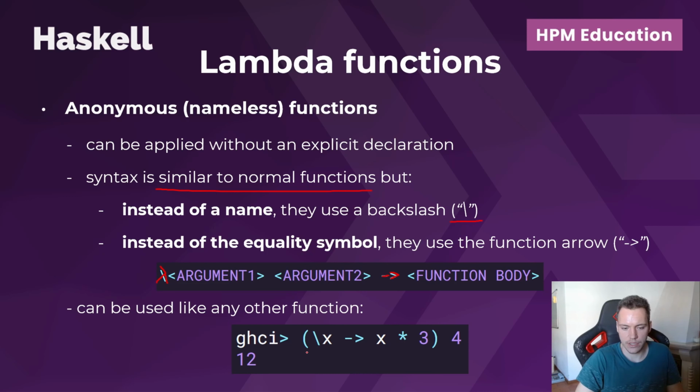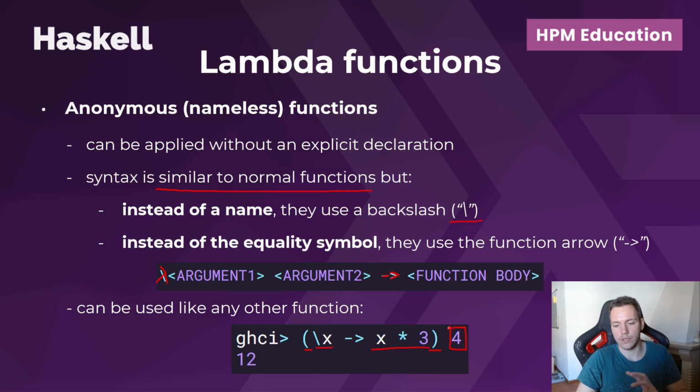So here we have an example where the function is wrapped in parentheses because we need to scope it if we want to apply it to this argument. And so this code line says there's a Lambda function here. It takes one argument x and it returns x times 3. And in this case, it's of course already applied to the number 4.